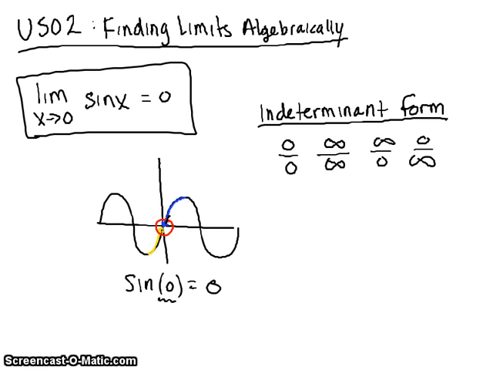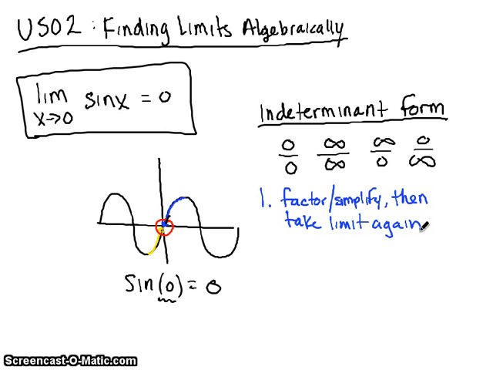So we have two ways to attack indeterminate forms. The first thing we can do is factor and simplify, then take the limit again. Anytime we see one of these indeterminate forms, it's telling us that the limit actually exists. If you get something like 0 over 0, we have an answer, we just don't know what it is. So we either factor and simplify and then take the limit again, or use L'Hopital's rule.